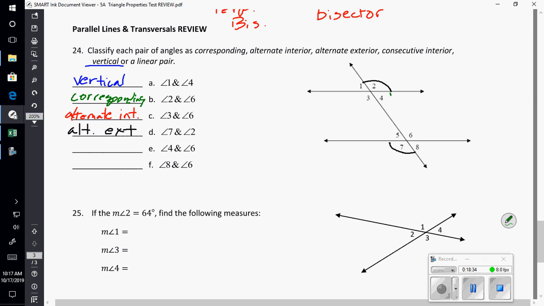Angle 4 and angle 6 are on the same side of the transversal and also on the interior, so they would be consecutive interior. 8 and 6, those are next to each other, that would be a linear pair.